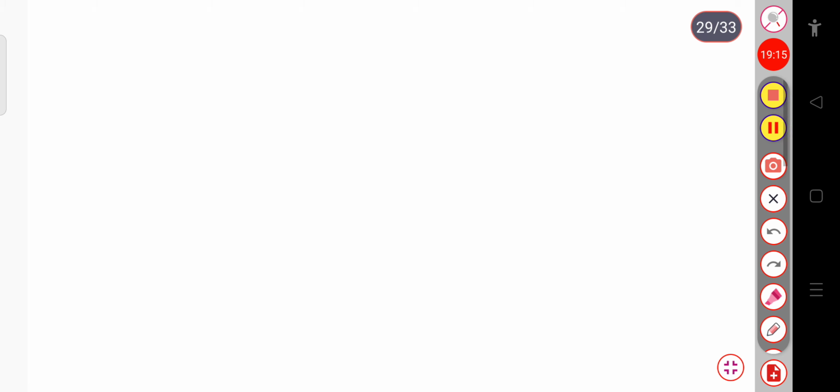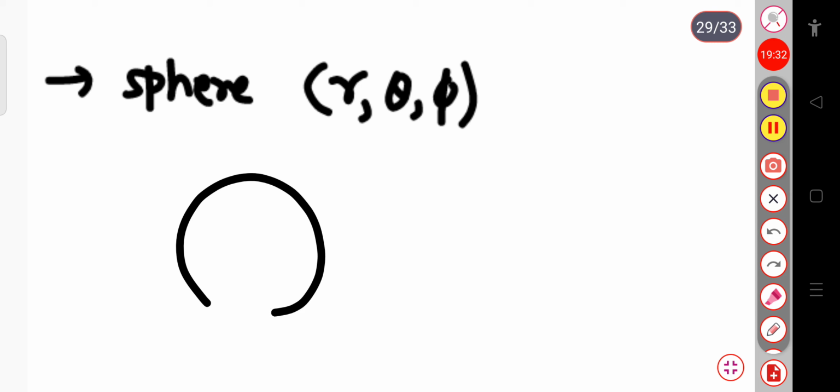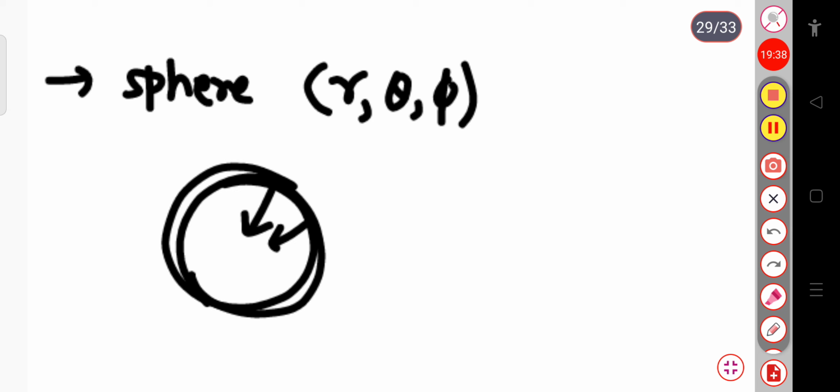And similarly, as I have already told you, in case of a sphere, you know the coordinates are r, theta and phi. These are the 3 coordinates when there is no restriction, that is, if a particle can move inside the sphere or on the surface of the sphere, there are 3 degrees of freedom.